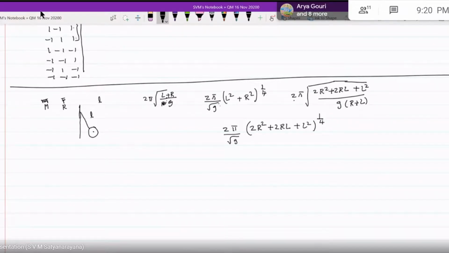So it is oscillating in the plane of the ring only, right? Yes, sir. Plane of the ring.